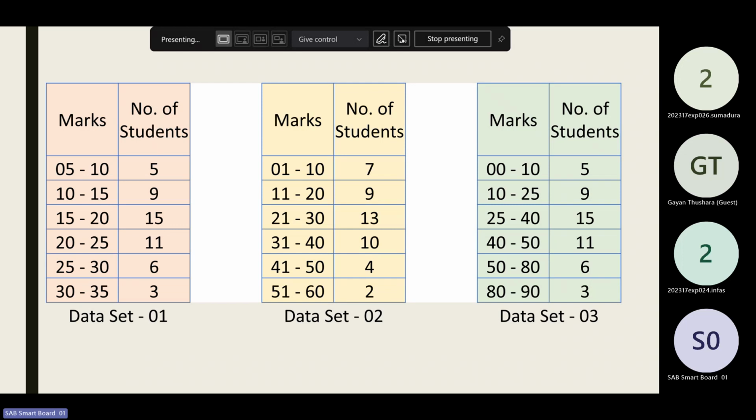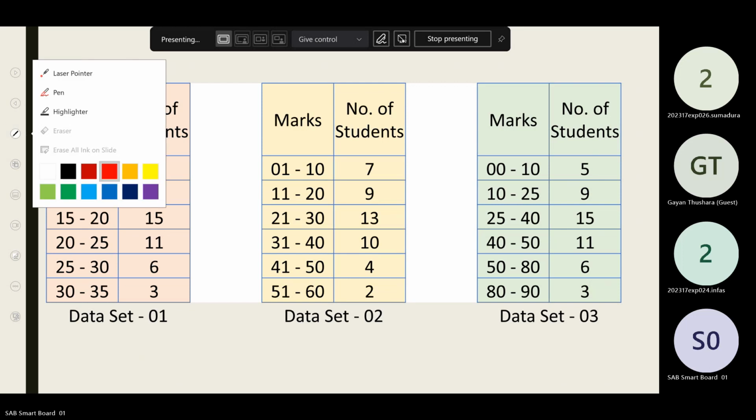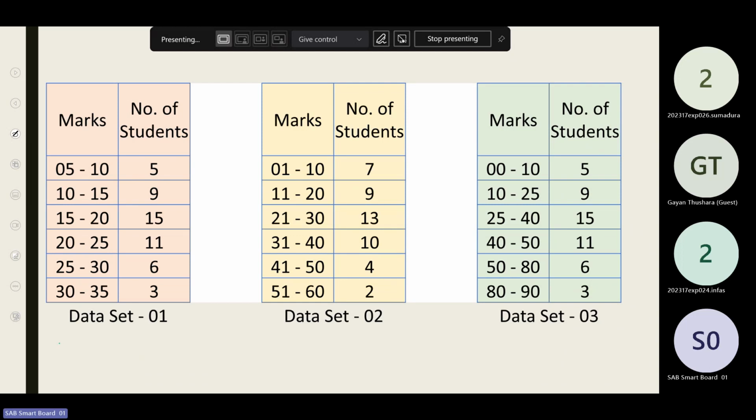So first one, I'm having an issue like this. If one student has 20 marks, where should it go?